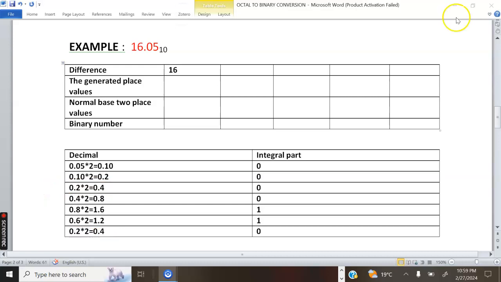Okay, having done that, let's move to this other one. Remember the rule that we had already covered on how to convert numbers. We had already covered 2 cases.